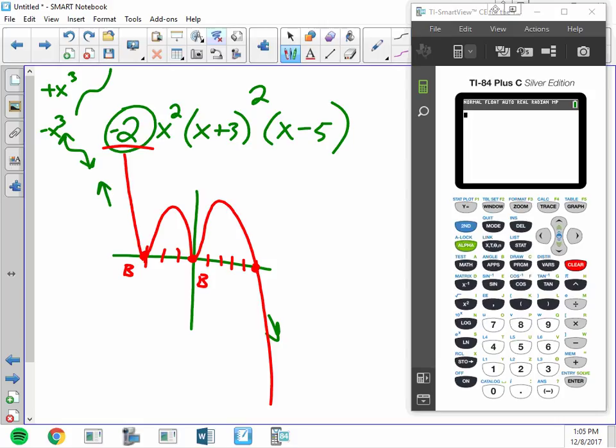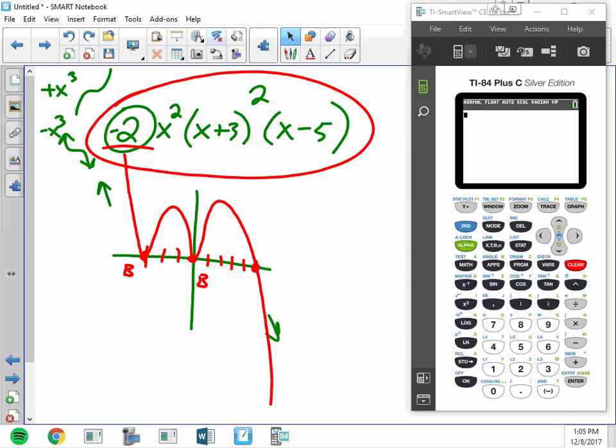Well, you could type this into your calculator, and let me show you. Negative 2 x squared times (x + 3) squared times (x - 5), and then let's do zoom standard, and this is probably going to be quite tall.